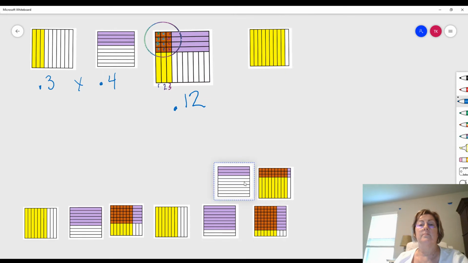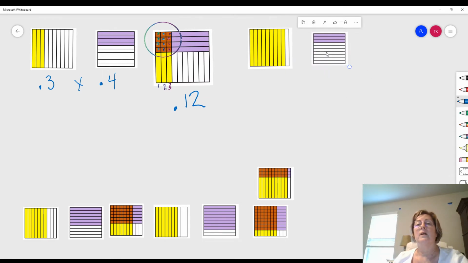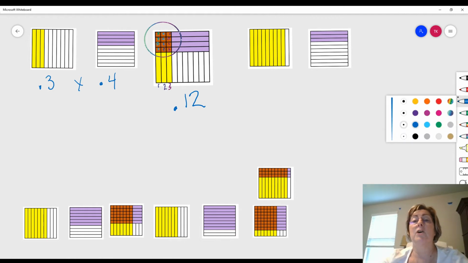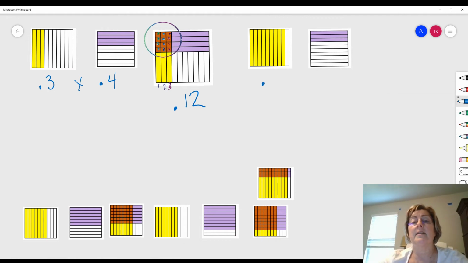There's one model, and my next model. In my first model, you can see it's almost completely covered. That's 9/10. In my second model, I have times 3/10. Think of it as fractions, if you will.